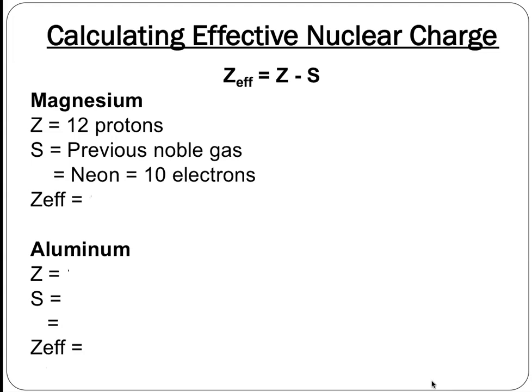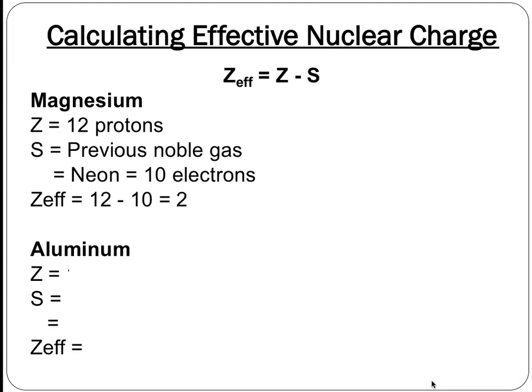So those 3s2 electrons we're not going to worry about. So 12 minus 10 equals 2. Now, interestingly, what's the charge of a magnesium ion?